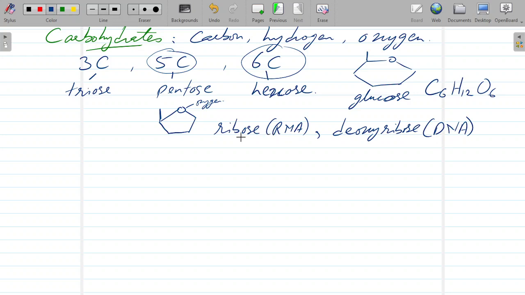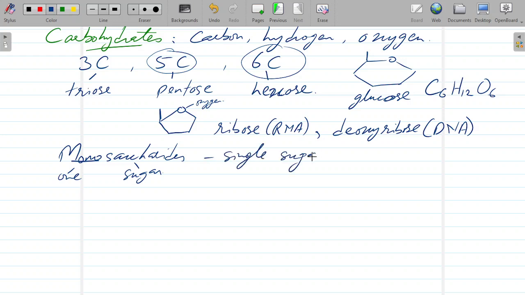The R in RNA is ribose. Now, these guys are known as monosaccharides. Mono meaning one, and saccharide meaning sugar. So these are single sugar molecules.